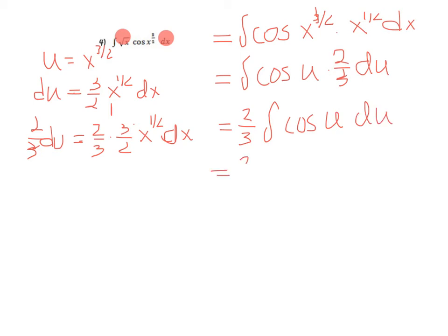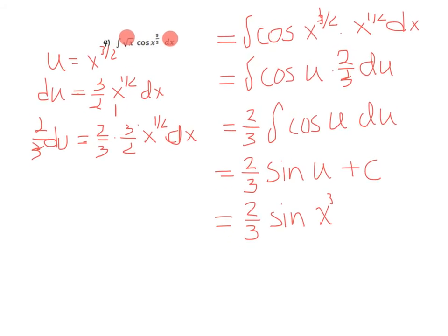And the integral of cosine is a direct integral because the derivative of sine equals cosine. So the integral of cosine equals sine of u plus the constant. And then to finish this exercise, we're going to do 2/3 times sine of x to the 3/2 plus the constant. And this is the result of that integral.